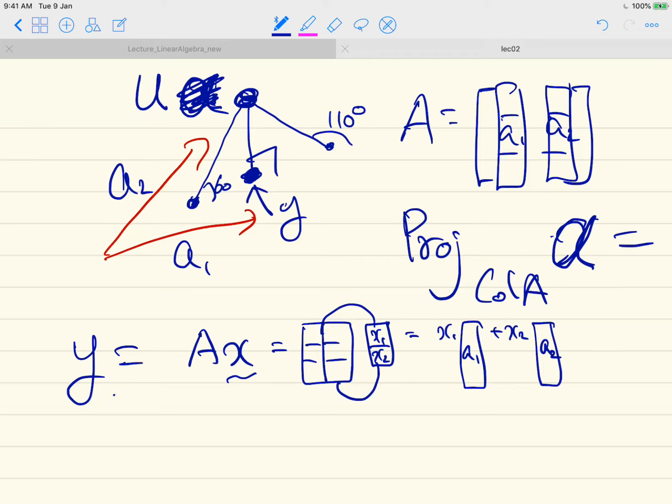Okay, and now obtaining y, or computing this y, is equivalent to obtaining x. In other words, what will be the particular linear combination coefficient where this Ax corresponds to this point y?